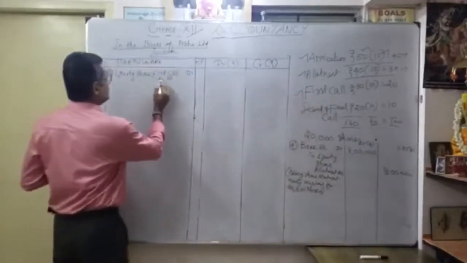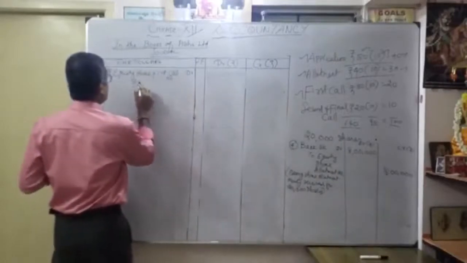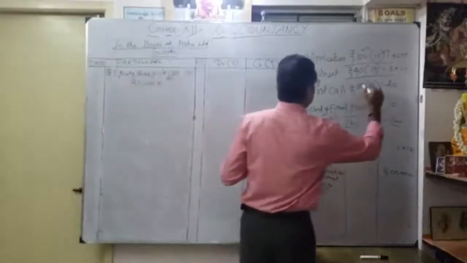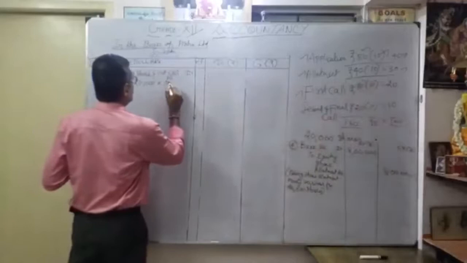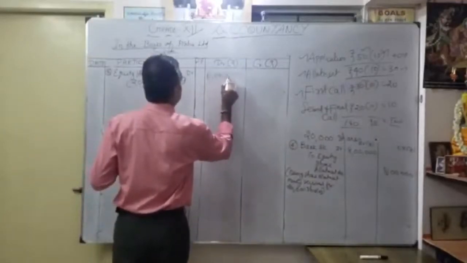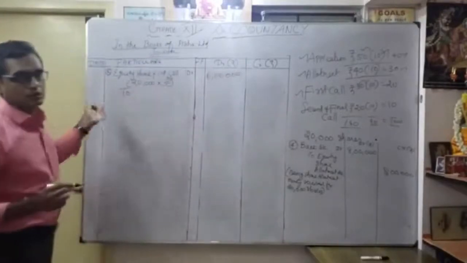So equity share first call account debit. How much? Say 20,000 into which one? So this amount first call is 30 rupees. Okay, 30 rupees. So how much will come? It is coming to 6 lakhs. Okay, 6 lakhs. To what?